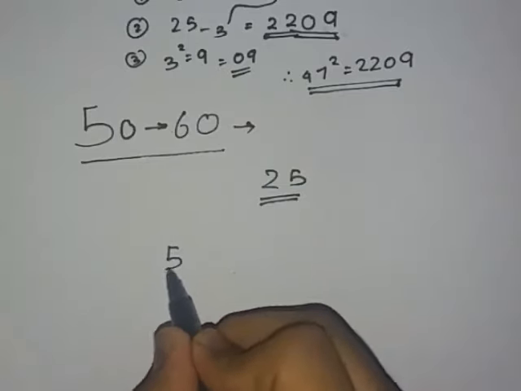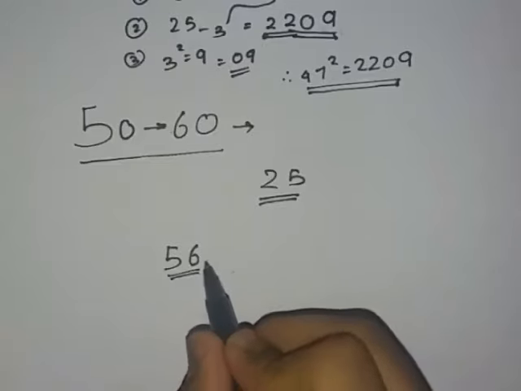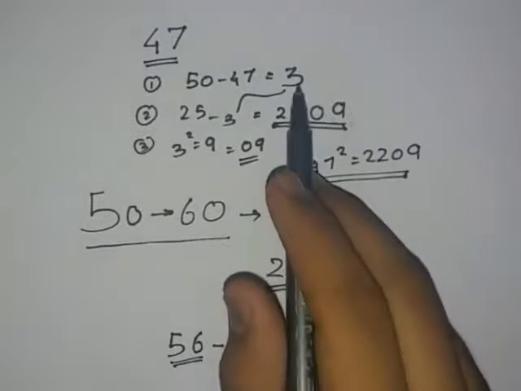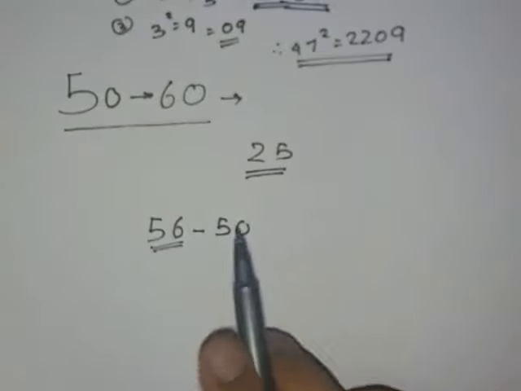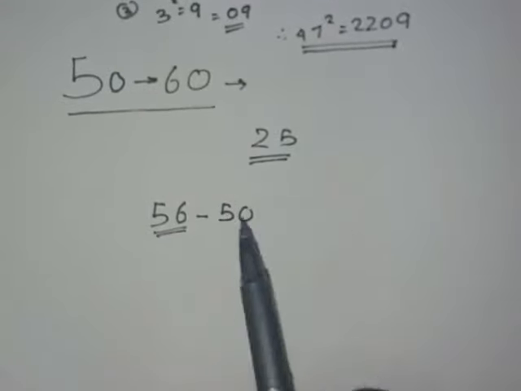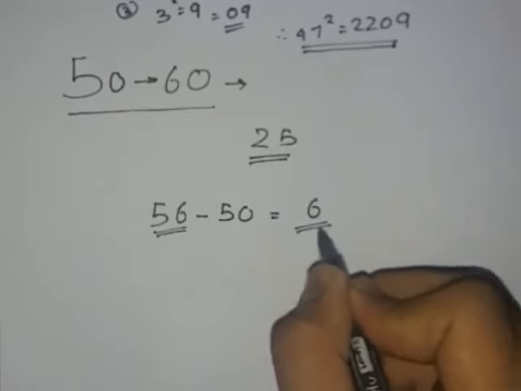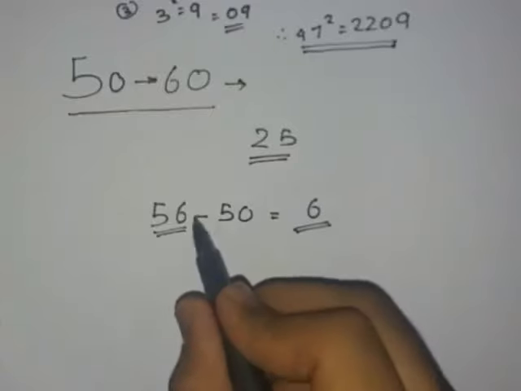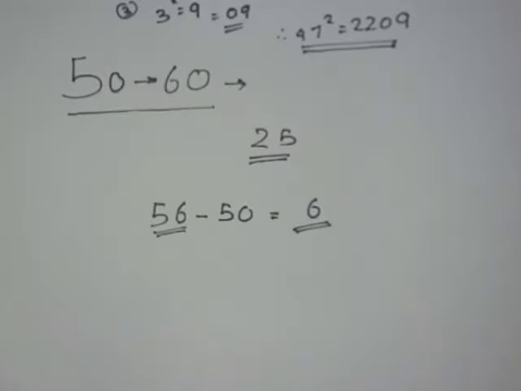Let's take 56. Here we are subtracting 50 from that number. So 56 minus 50 equals 6. We get the number 6. Then we take 25.